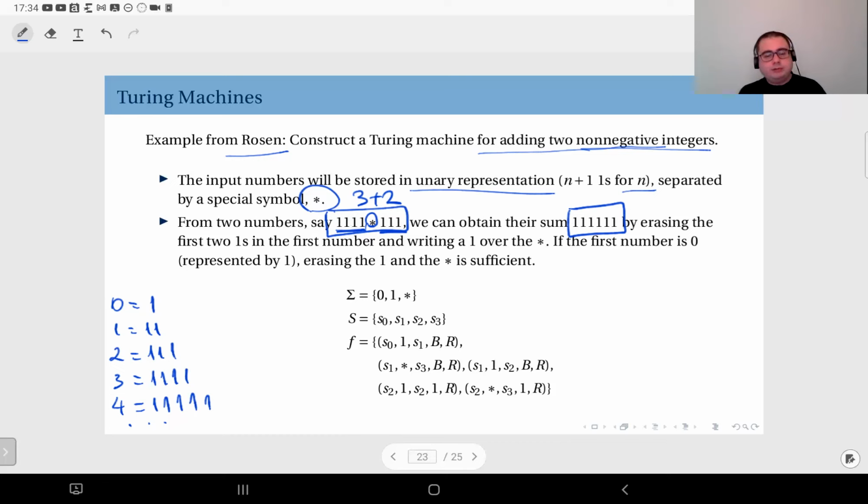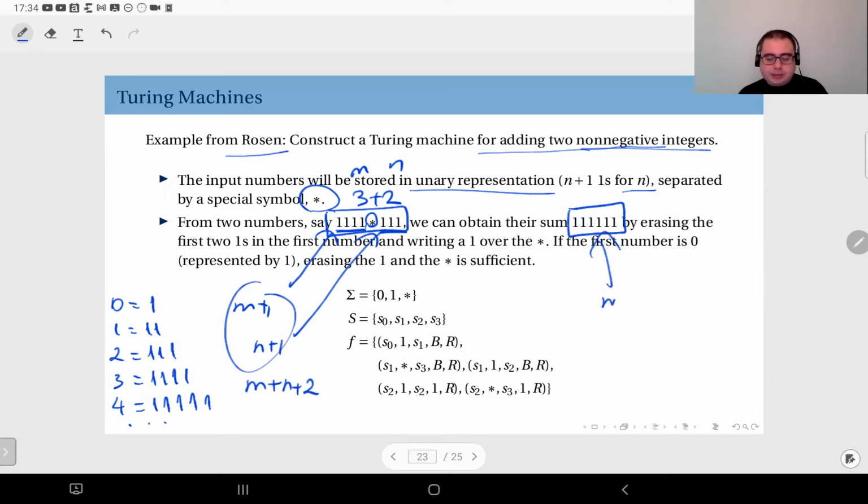Let's say this is m, and this is n, and the number of ones here will be m plus 1, and in this one, I will have n plus 1. So in total, I will have m plus n plus 2 ones, but in my result, I need m plus n plus 1 ones. So I need to get rid of one of the ones as well as the separator symbol.